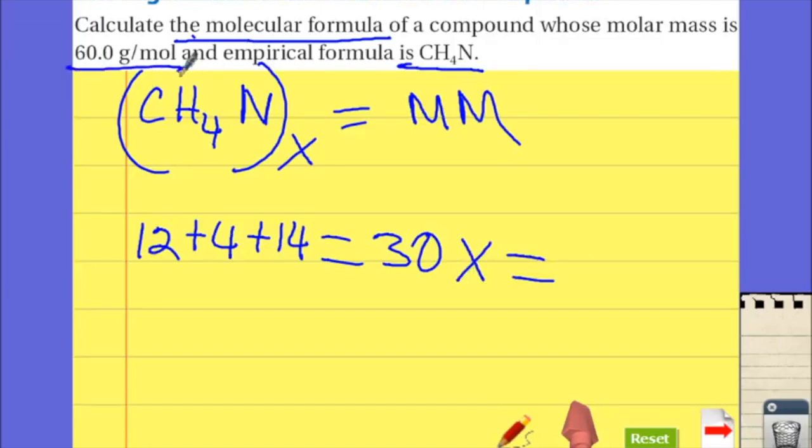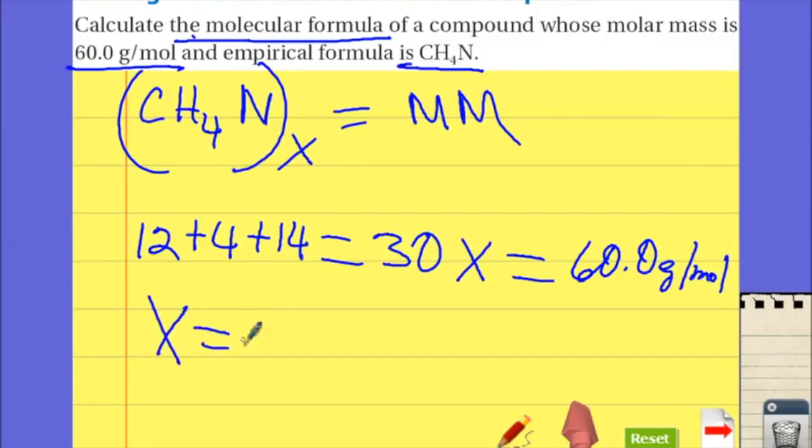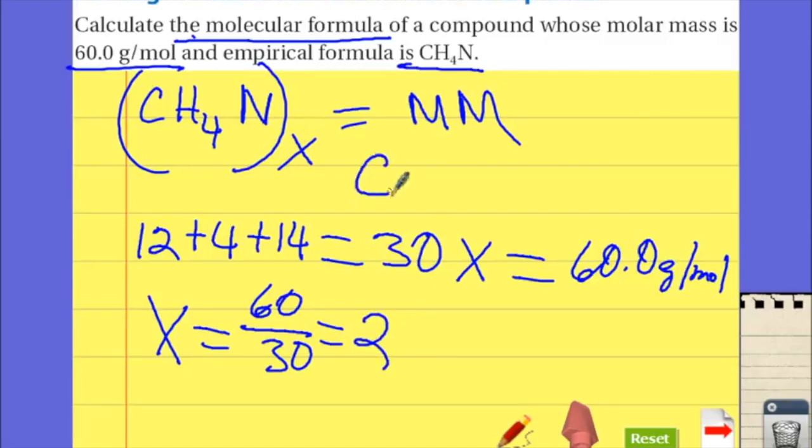They gave me the molar mass, which is 60.0 grams per mole. I solve for that. X equals 60 divided by 30 equals 2. So that X is 2, and the molecular formula is C2H8N2.